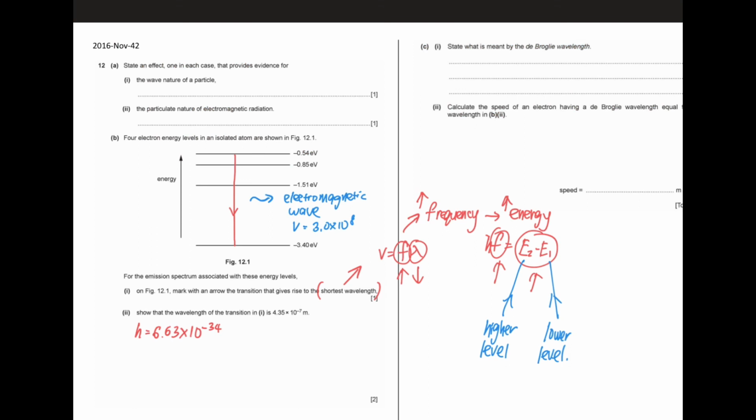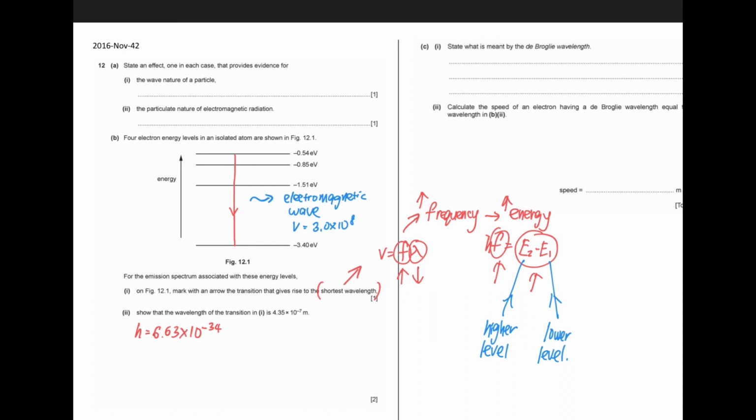So let's look at this question. State an effect, one in each case, that provides evidence for the wave nature of a particle. Imagine that we learned this in the notes before, where electrons can go through diffraction.